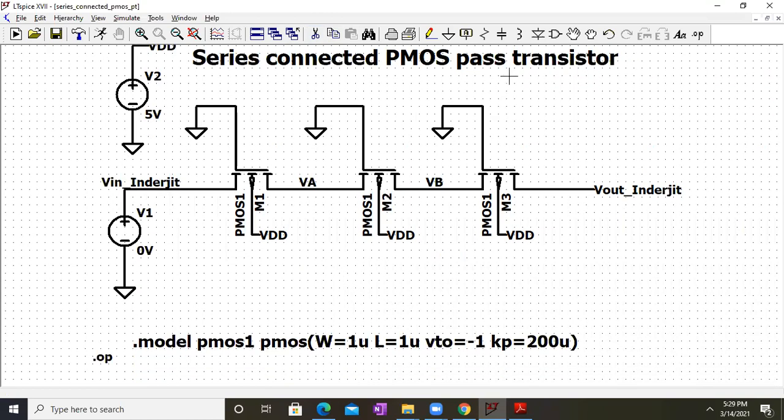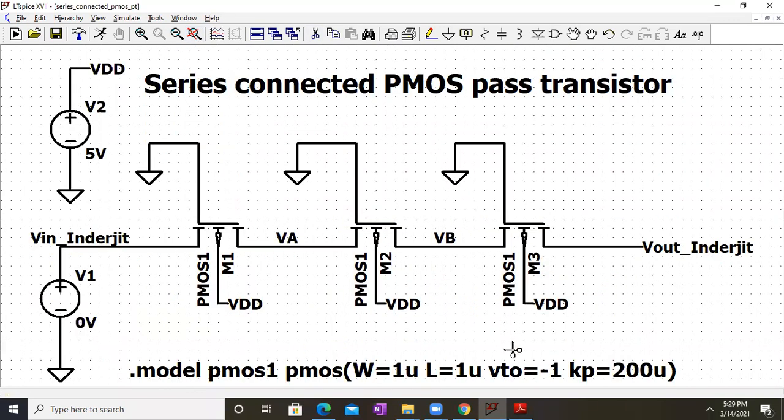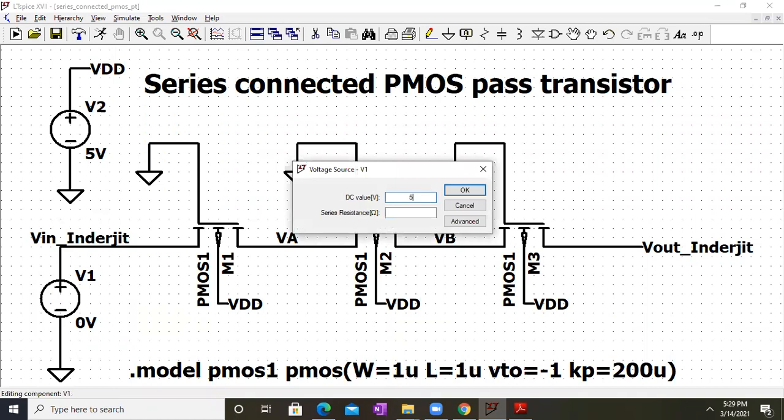And the .model statement says that the threshold voltage for the PMOS transistor is around -1 volt. For the PMOS transistor, the threshold voltage is negative, and here it is -1 volt. So this is the information given to us. VDD is 5 volt, and Vin can be 0 volt or 5 volt. So let us first start with 5 volt.